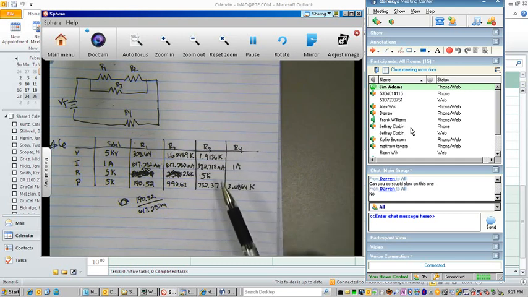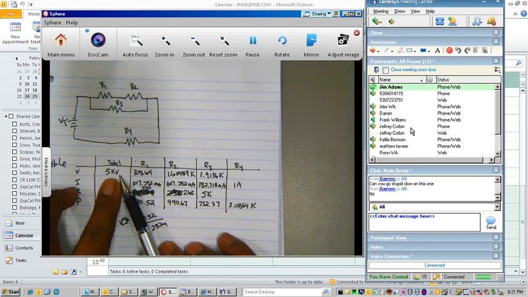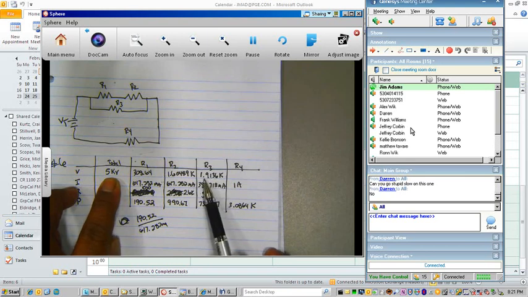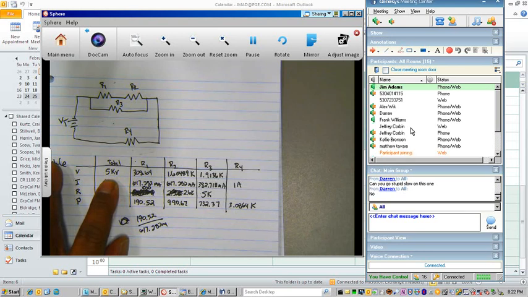Next is R4. Let's do them a little different, right? Let's figure out its voltage a little bit different. Let's use Kirchhoff. We know if we start out with 5,000 volts, right? And R3 is going to drop 1.9136 K. How much is left for R4?